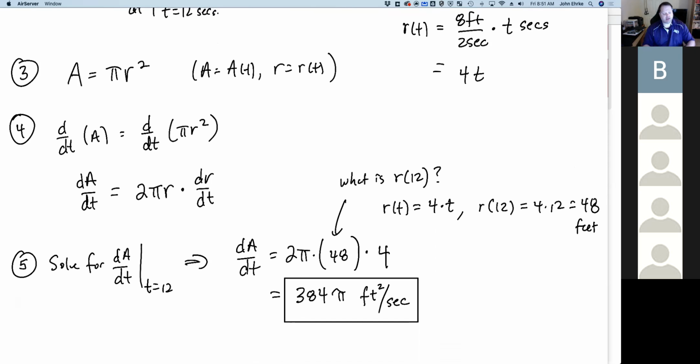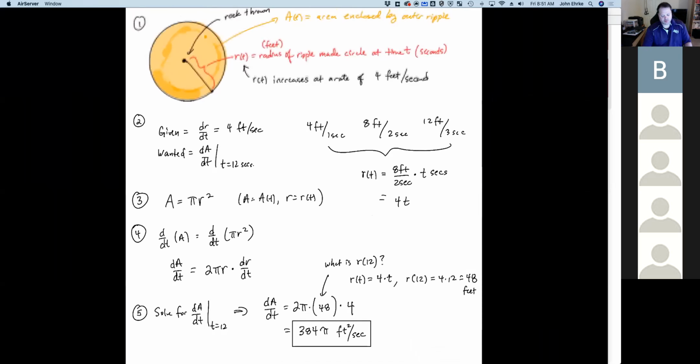So this is the kind of topic that if you commit yourself to doing all the problems in the same order, just like I did, step 1, 2, 3, 4, 5, you do a lot of examples, look at a lot, then you'll be prepared for anything I throw at you on the exam. I'm not going to try to make it any more difficult than the questions that are on the skills quiz. So if you found that the skills quiz is something that you're able to do, then you should be able to do this on the exam as well.